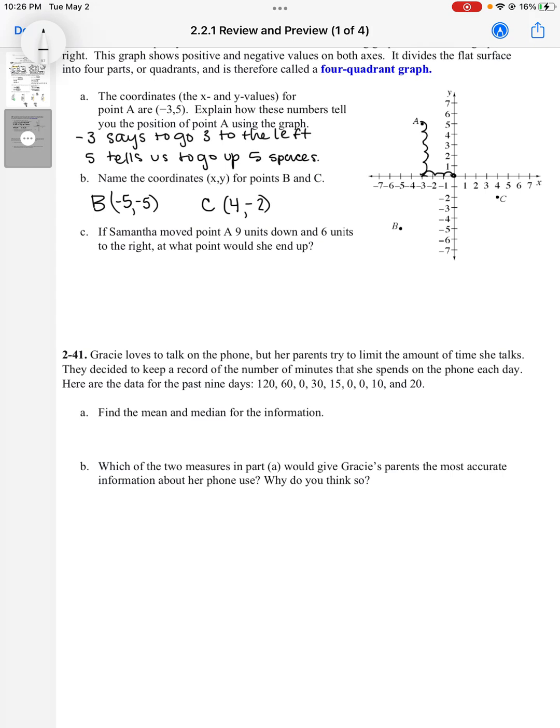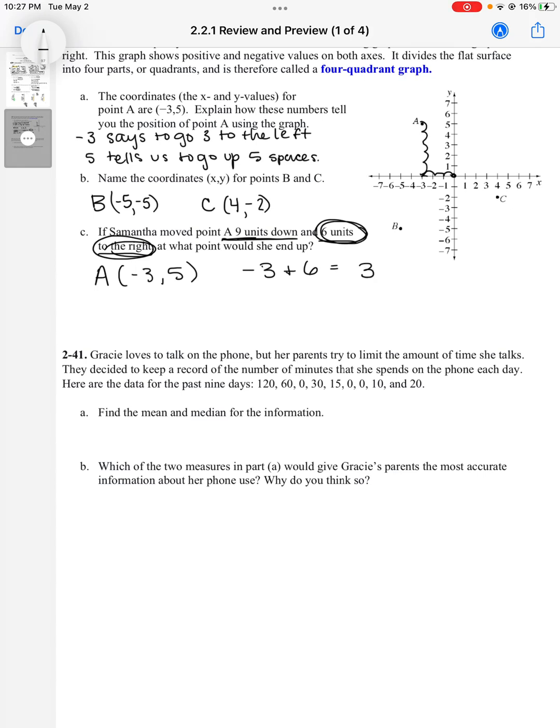So, our next one. If Samantha moved point A 9 units down and 6 units to the right, at what point would she end up? So point A is at -3, 5. Now, -3 tells me if I'm going left or right. So I'm going to look at this 6. And I'm going to the right, which means I'm adding it. So -3 plus 6 is +3.